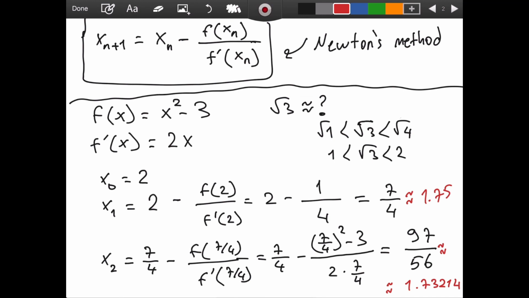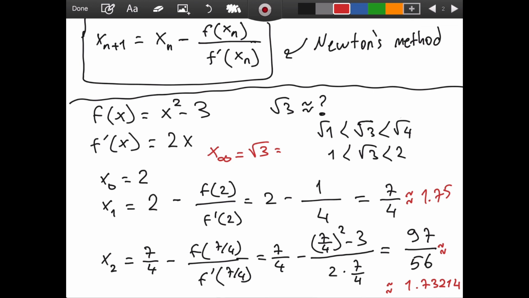So my claim is, the idea behind Newton's method is, these values should come closer to the square root of 3. So in a sense, when we hit x infinity, we should get the square root of 3. And what is the actual value of the square root of 3?